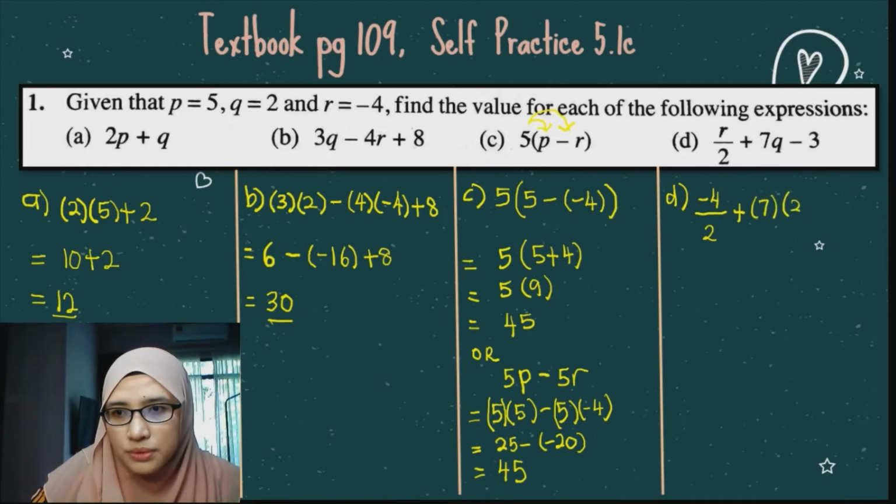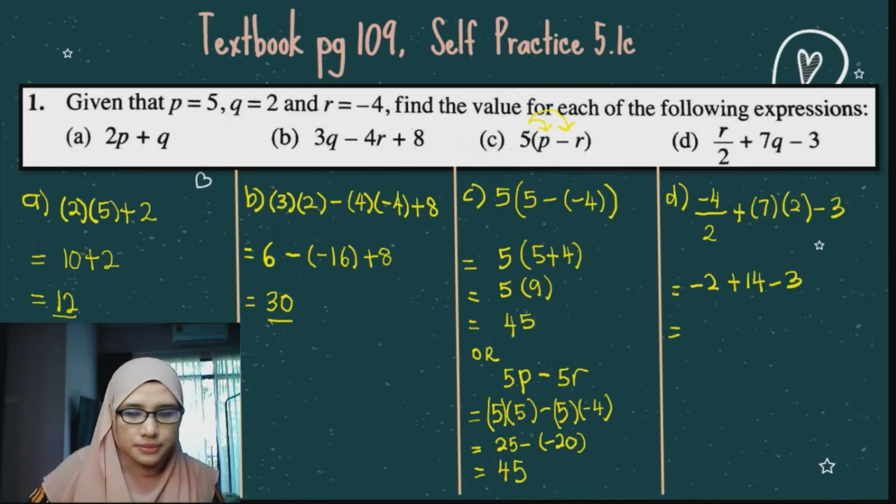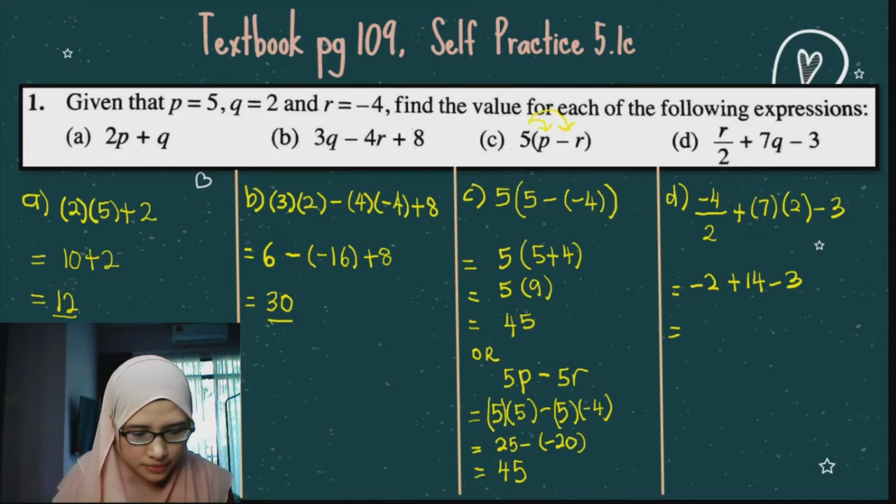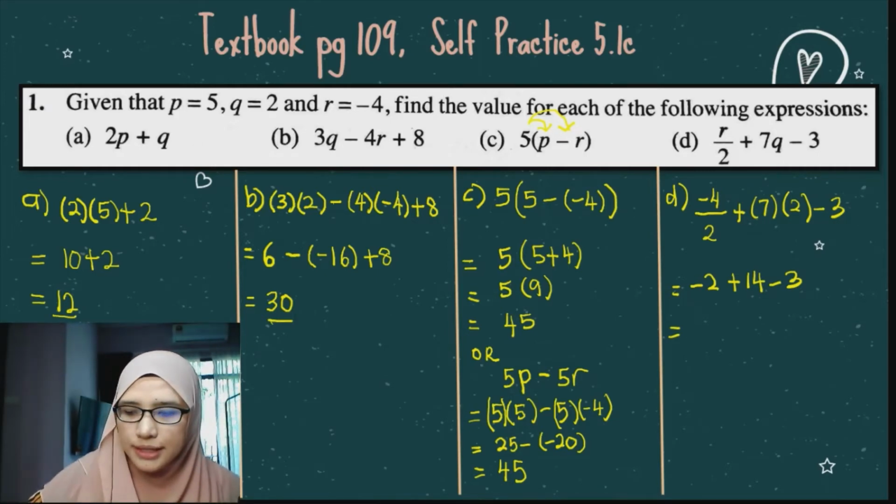Q is 2 minus 3. So calculate that. Negative 4 over 2 is negative 2. 7 times 2 is 14 minus 3. So your answer is 9.